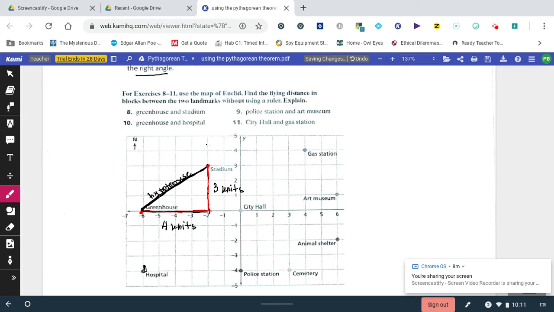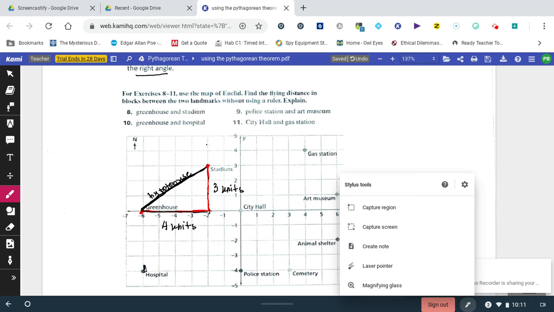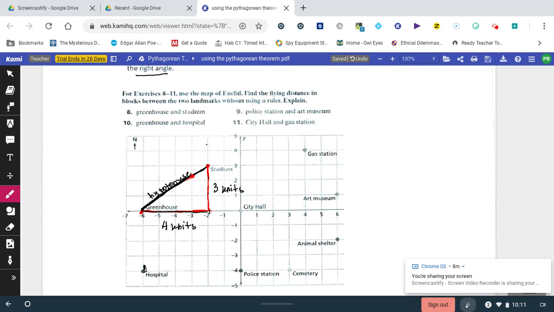All right, so what you're going to do is use the Pythagorean theorem to figure out the hypotenuse. This right here. See these two sides, this side and that side, make the right angle. See your right angle right in here?